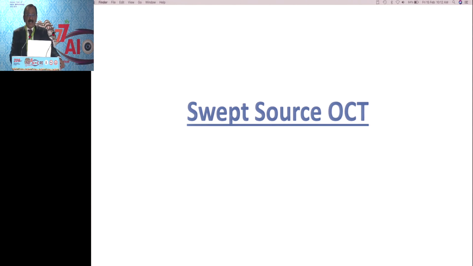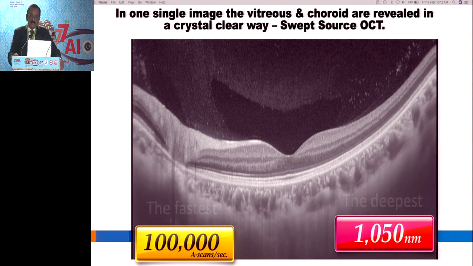So I won't go into this. Then came the swept source OCT. It was like seeing a different picture altogether. Now you were able to see the vitreous, the choroid, and any changes happening there. When you were able to image the choroid, things changed.